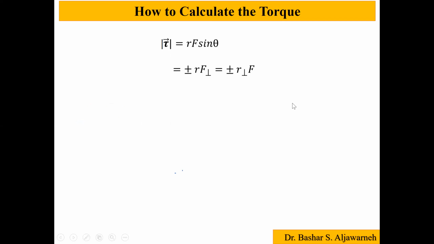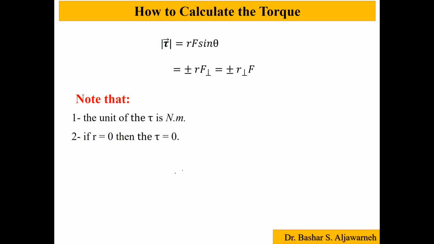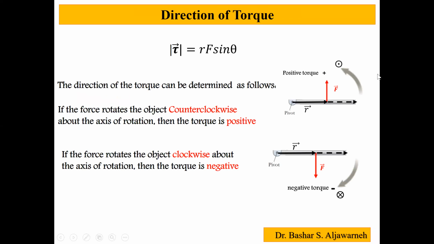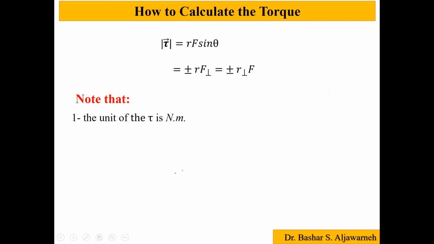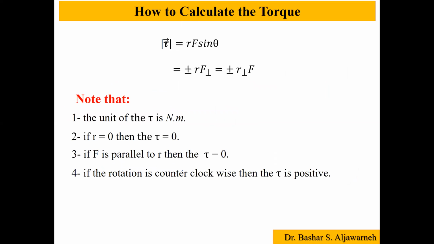So if r equals 0, then the torque equals 0. Third, if the force is parallel to r, that means angle theta is 0. So sine 0 equals 0, and this will give you torque equals 0. Number 4, if the rotation is counterclockwise, that means your torque is positive. And if the rotation is clockwise, that means your torque is negative.